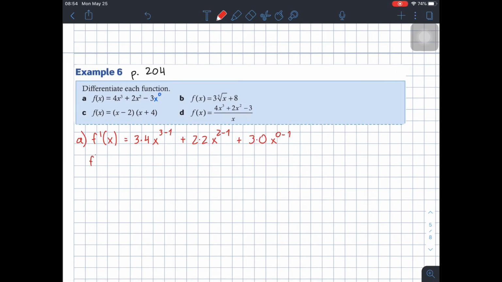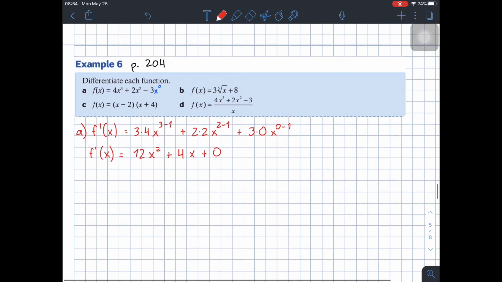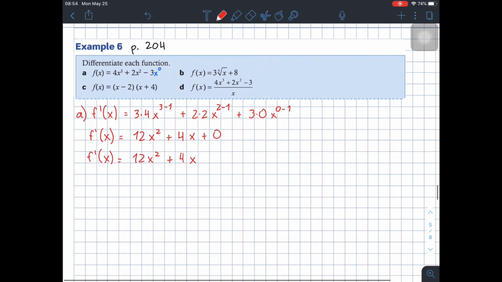So finally, if I reorganize all of this, this would be 12x squared plus 4x plus 0. Okay? So I don't even need to write the plus 0. The answer would just be 12x squared plus 4x. And this is the derivative of part A.